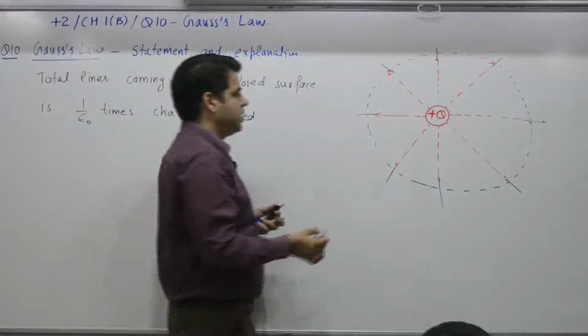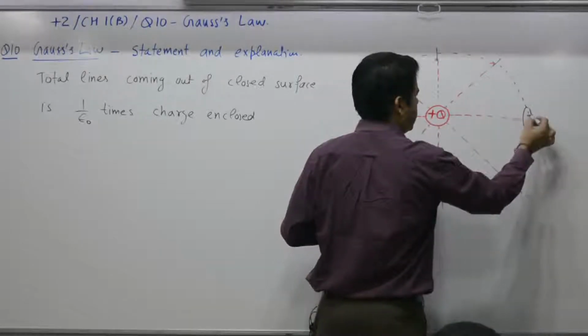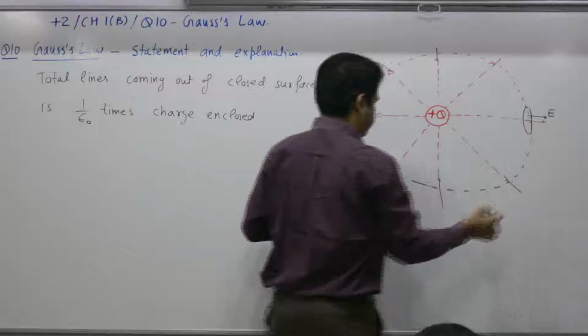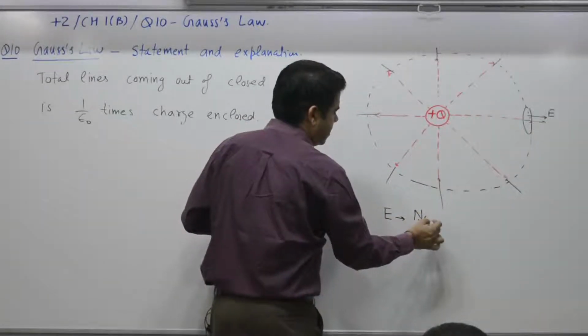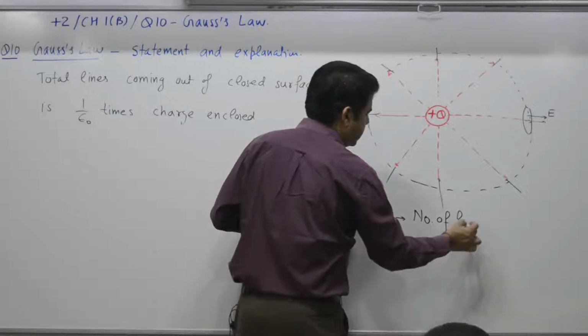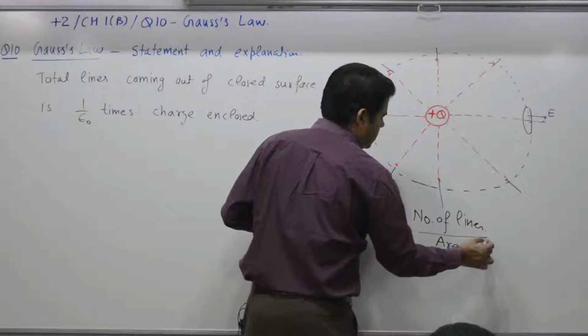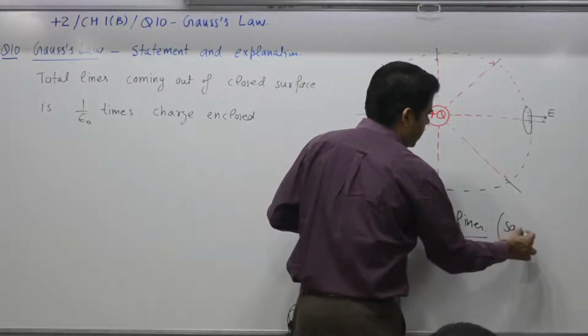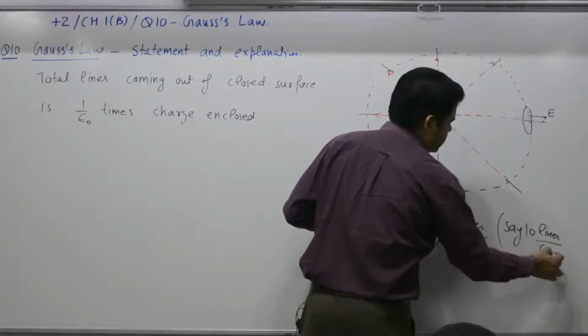The explanation is: let there be a value of E at this point. E represents what? Electric field. It also represents the number of lines per unit area, say, as an example, 10 lines per centimeter square.